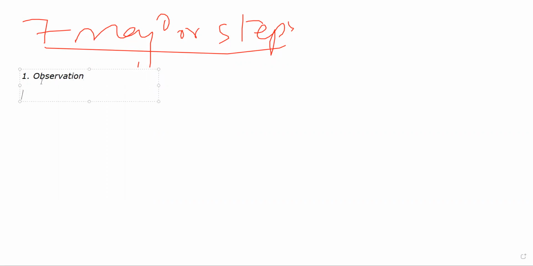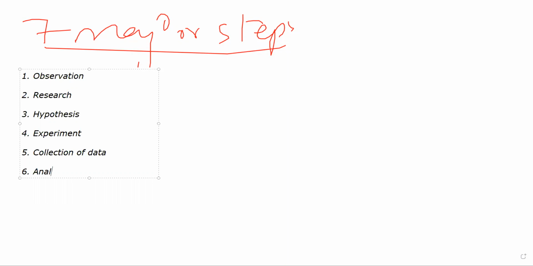First, observation. Second, research. Third, hypothesis. Fourth, experiment. Fifth, collection of data. Sixth, analysis. Seventh, conclusion. These are the 7 steps to any scientific method.